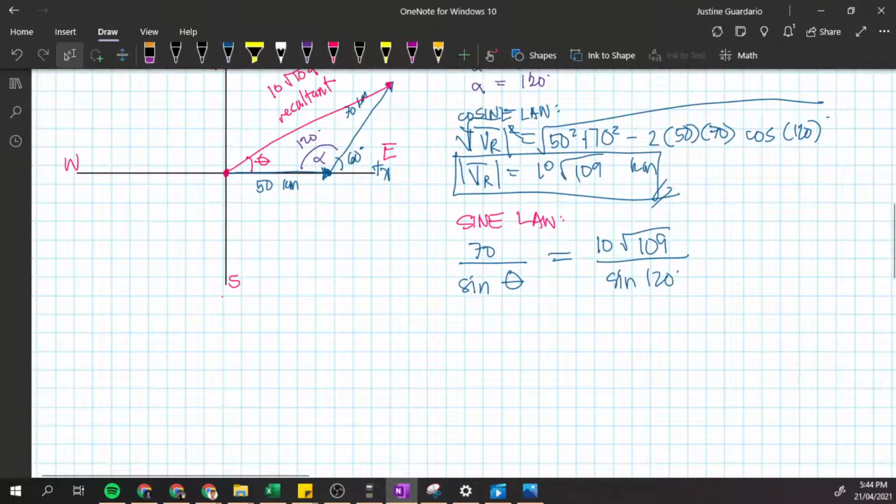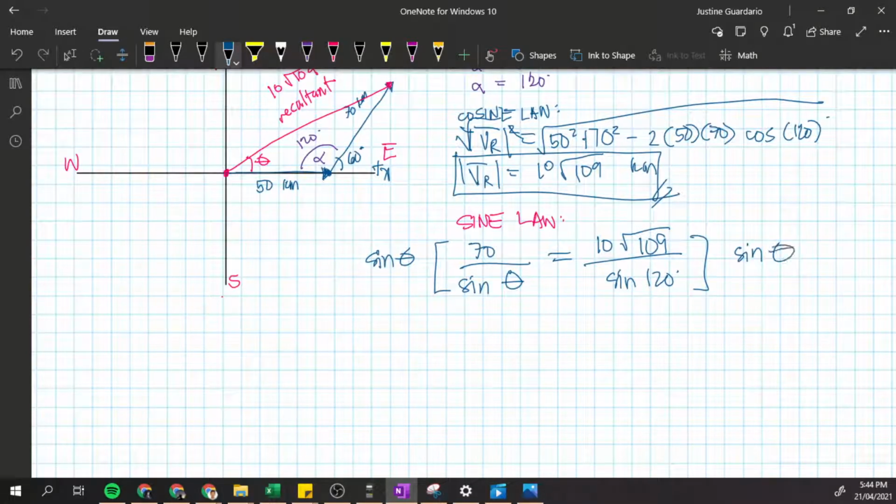We now solve for sine theta. Solve muna natin si sine theta. How do we solve this? By cross multiplication. Or in mathematical operation, the most appropriate is we multiply both sides of our equation by sine theta, para mas madali. Kasi kapag minultiply ko yan sa sine theta, magka-cancel si sine theta dito.